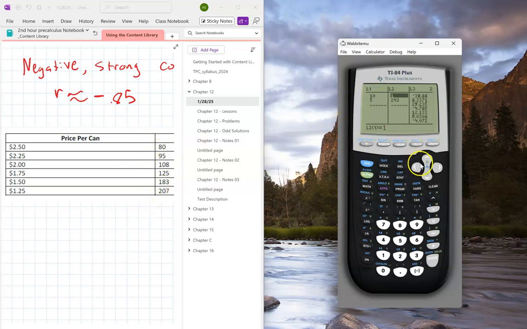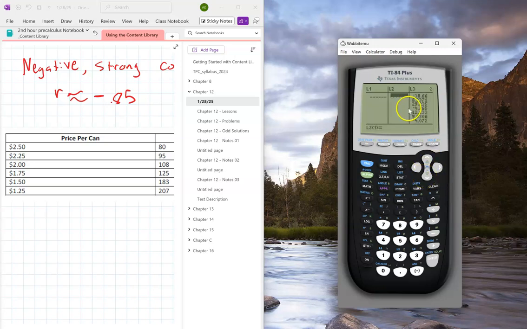Now I already have a bunch of gobbledygook in here, so I'm going to get rid of that stuff. To get rid of an entire list, you can delete items one at a time by pressing the delete key. Or I can clear the whole list by moving my cursor so it's on the list title, pressing the clear button, not delete, and then the down arrow.